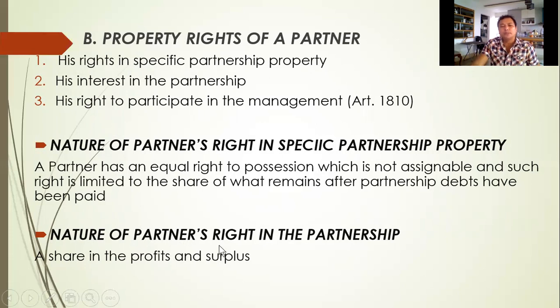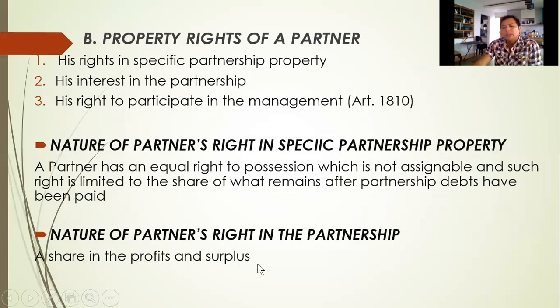So the nature of partner's right in the partnership is his share in the profits and surplus. So profits is computed by subtracting expenses from income. So income minus expenses equals profits.